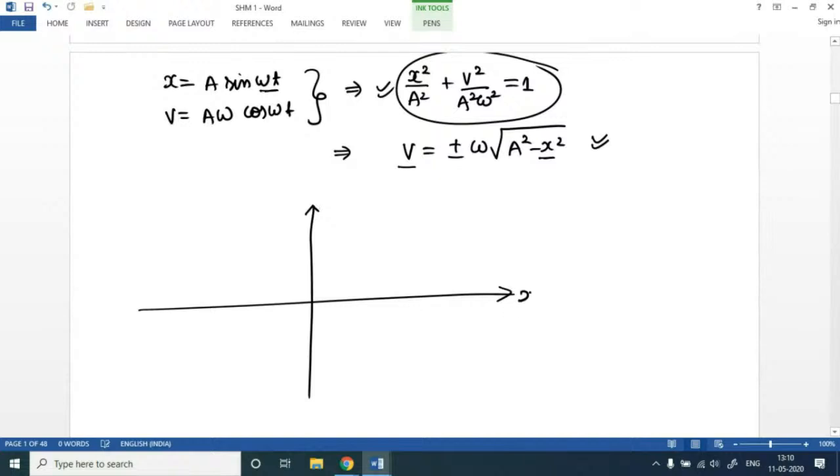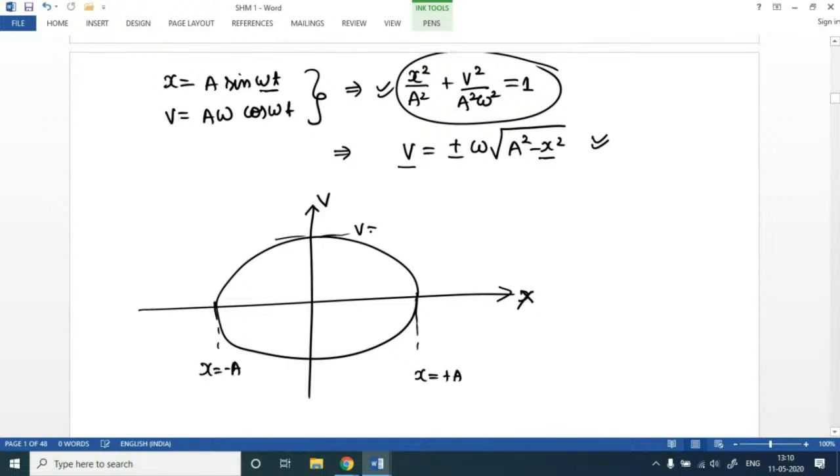So let's say this axis is x and this axis is the velocity axis. So it will be looking like this, like an ellipse. Okay, this extreme obviously is x is equal to plus a and x is equal to minus a, and this is nothing but v is equal to a omega, and this is v is equal to minus a omega.